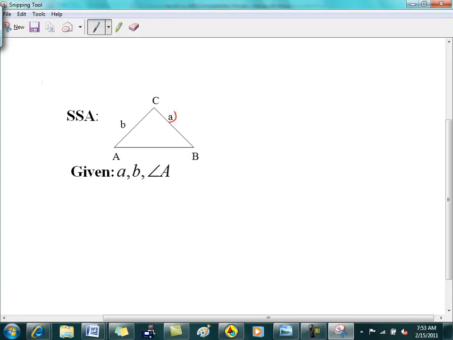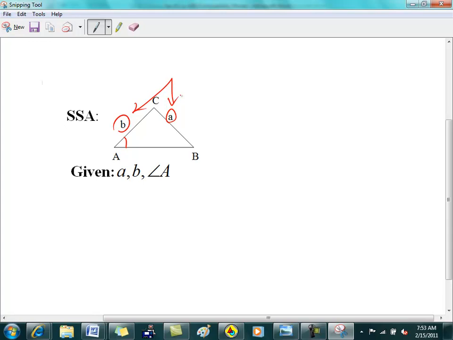So you are given side A, you're given side B, and you're given angle A. This angle is not between these two sides, as you can see. Which is the angle between those two sides? C. Nice. So you guys get the difference between the angle being included between the two sides and not being included. So this is the pain in the ASS case. Okay, two sides and an angle.